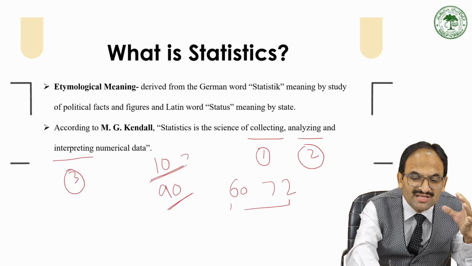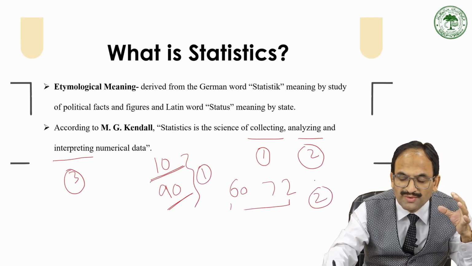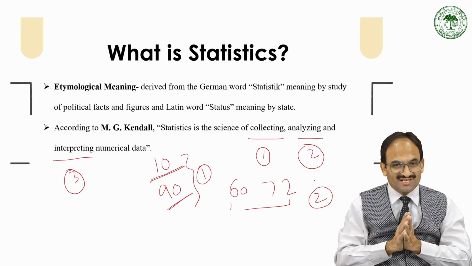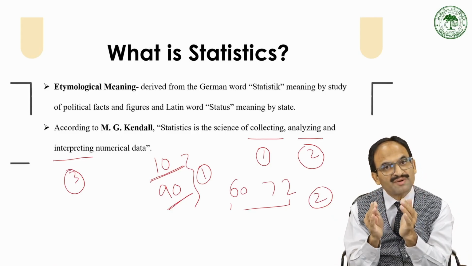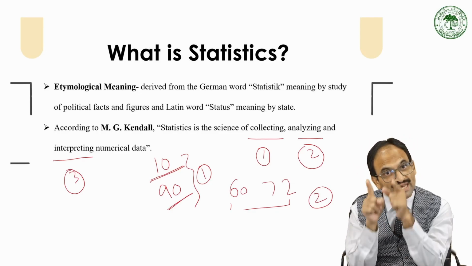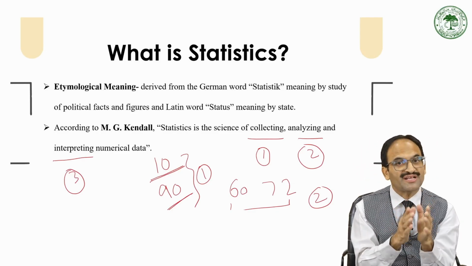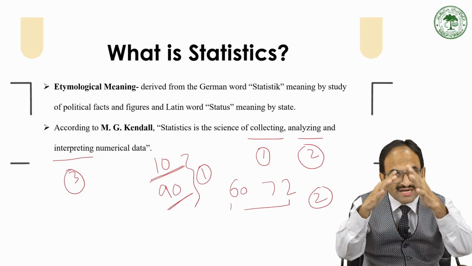So, in comparison to the first group, this second group is more homogeneous. Why? Because the difference between the lowest score and highest score in the second group is less in comparison to the difference between lowest score and highest score in the first group. So, this is what analysis is.